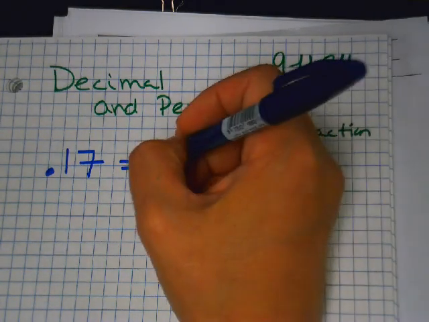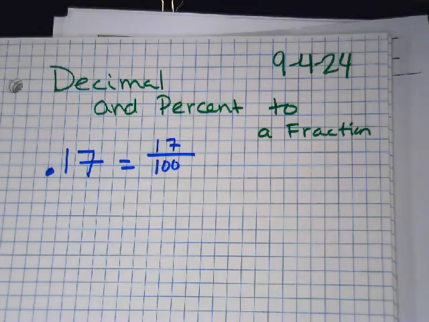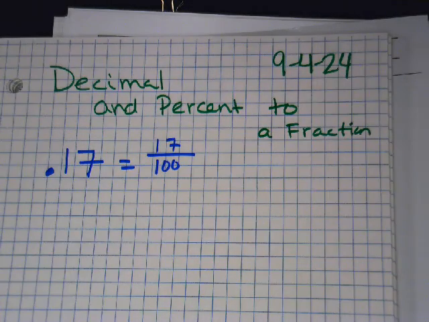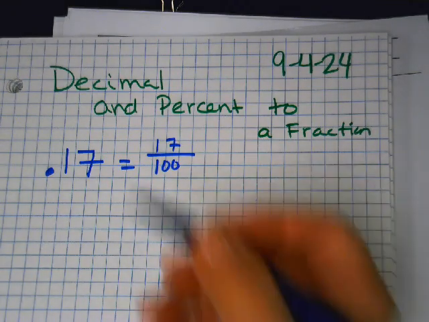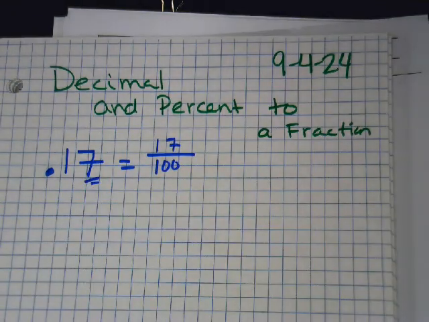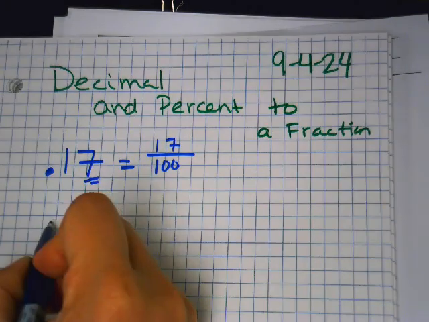Does anybody know why it's out of 100? What place value is the 7 in? In the hundredths. Hence, the denominator, Lupita, is 100, because the 7 is in the hundredths place. What grade level is place value? 6, really?